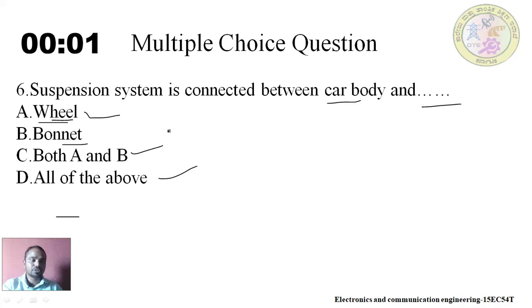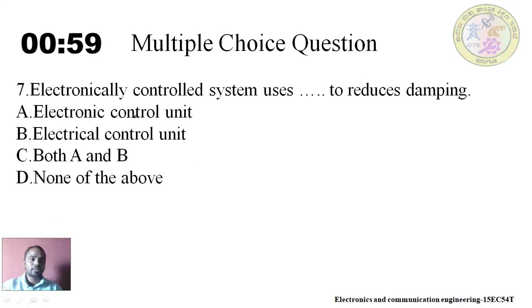Now let's see question number 7. Electronically controlled system uses dash to reduce the damping. Options are electronic control unit, electrical control unit, both A and B, none of the above. What does it use to reduce the damping?